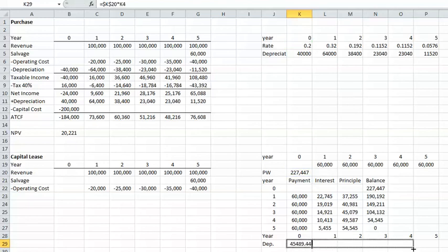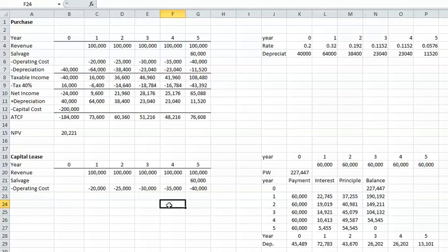So these are the depreciation from present time to year 5. And then I'll start adding them to the table. The interest portion of the annual lease payments is deductible from the revenue as tax deductions.